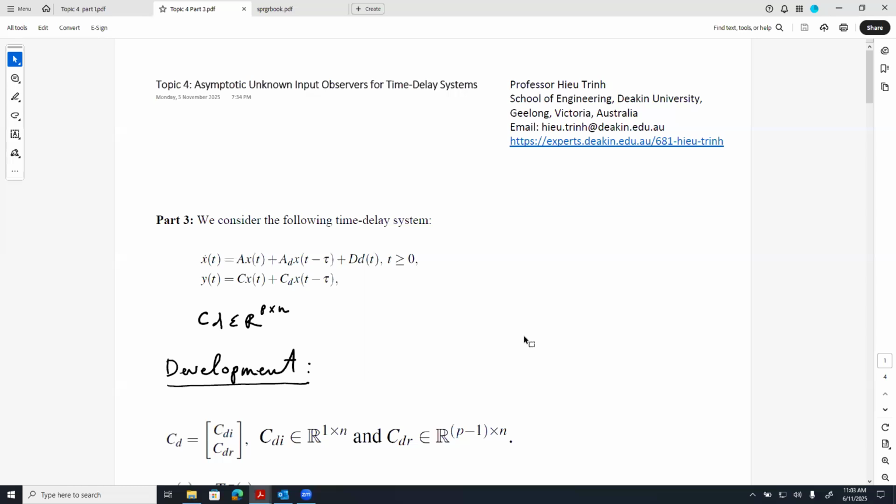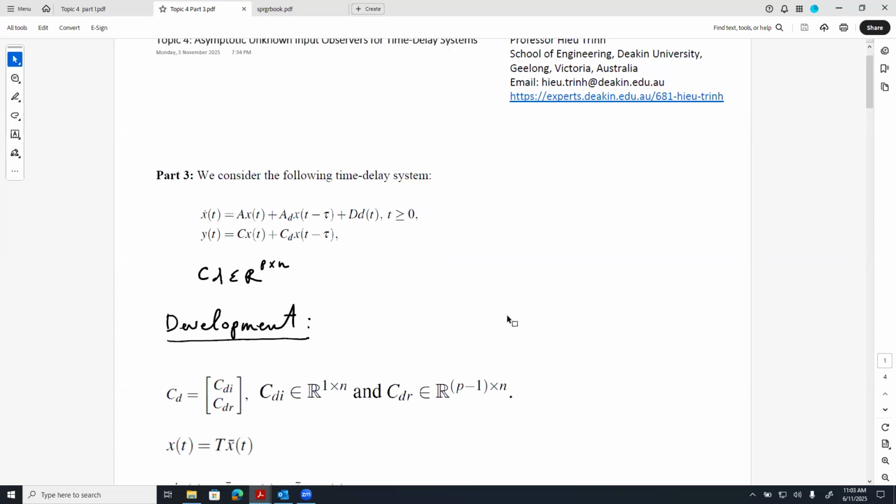We're going to express the unknown input in its entirety. And so we're going to explore what are the conditions that allow us to express the unknown input in its entirety. And we will show that we can express the unknown input in terms of generalized functional.